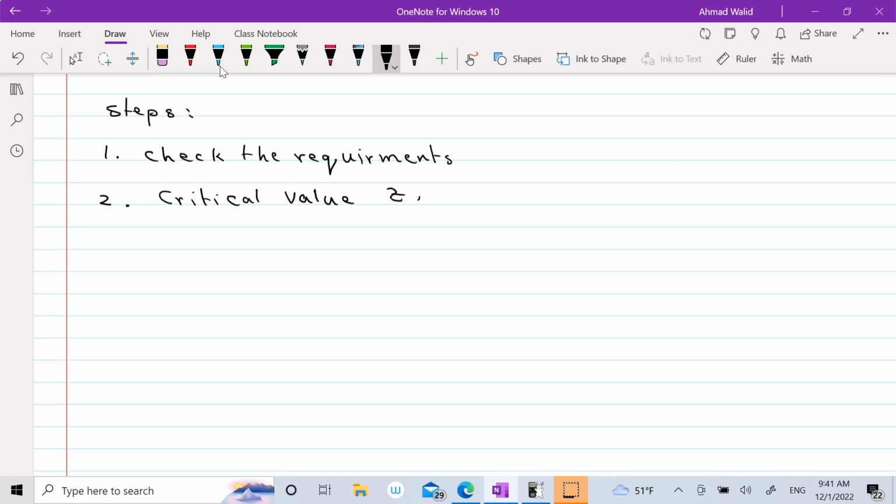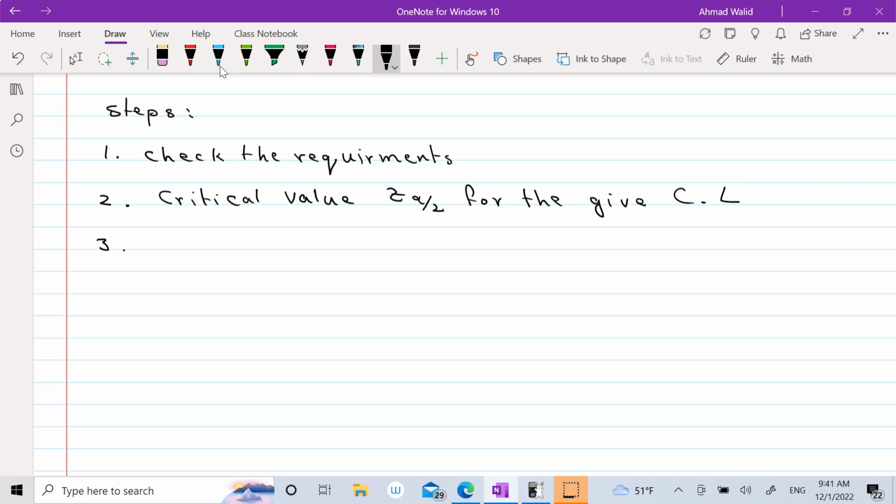Which means z alpha over 2 for the given confidence level. Correct?